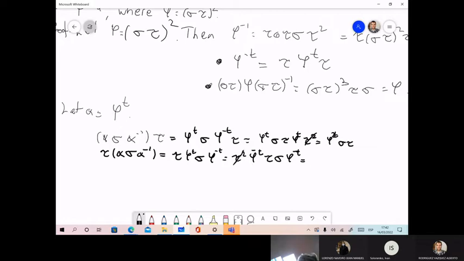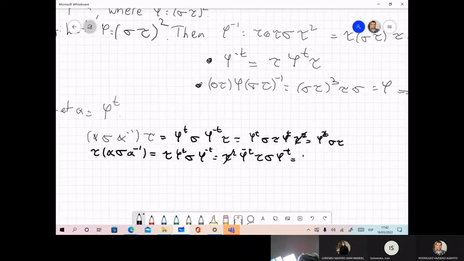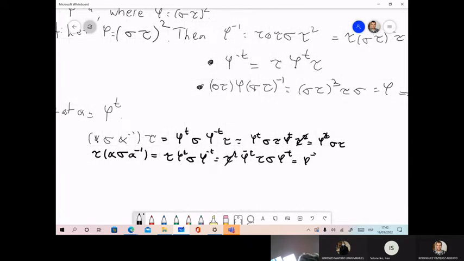So this is identity again, and here we have phi to the minus 2t sigma tau to the minus 1.